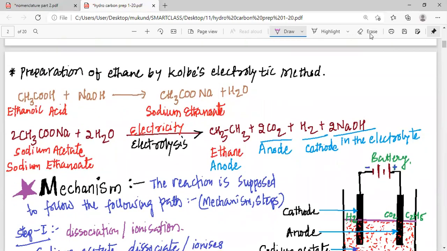Now, let's move forward and understand the preparation of ethane by Kolbe's electrolytic method.